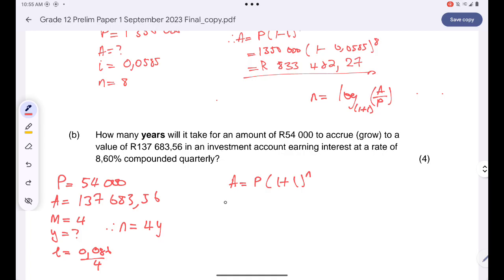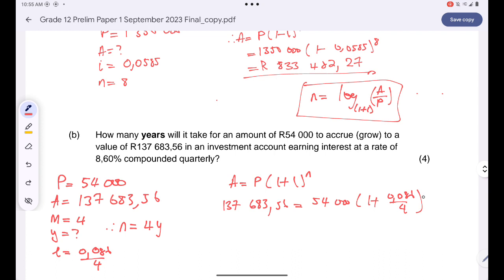So I'm substituting the value of A, guys, because I have marks for substituting. I have 137,683.56, and this is equal to 54,000 times (1 plus 0.086 over 4) to the power of 4y, which is n.